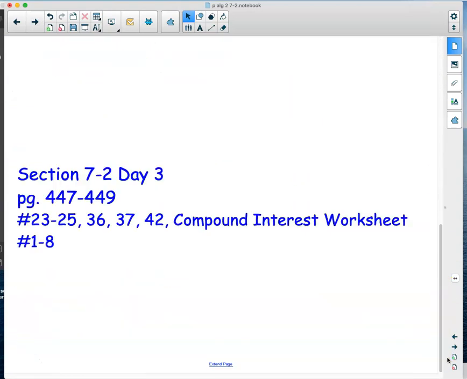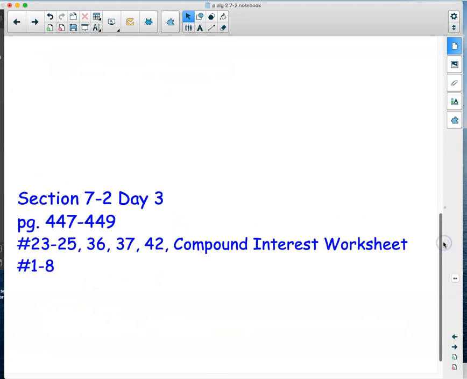So here's day 3, and again, we're doing a few problems from the book, and then we're getting that 1 through 8, the rest of that compound interest worksheet done. So same as yesterday, I'll let everybody write that down. You don't need graph paper today. Yeah, I think I looked at them all and didn't see any graphs in there. I'll double check, but 23 to 25, 36, 37, and 42, and then the compound interest worksheet 1 through 8. Again, you might want to do the compound interest worksheet first while it's fresh in your mind.